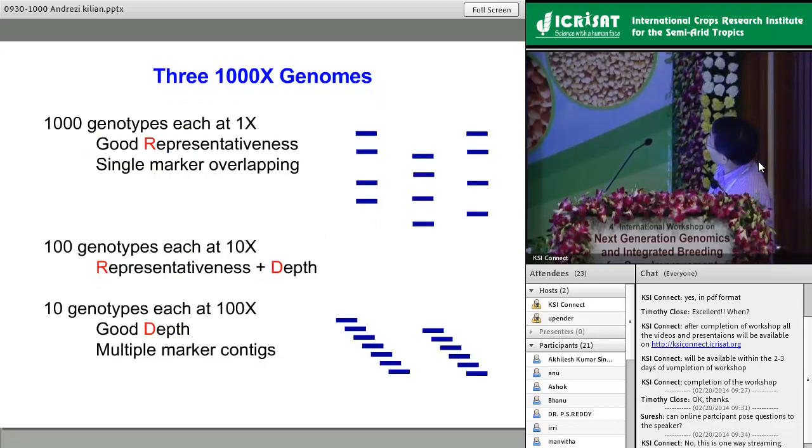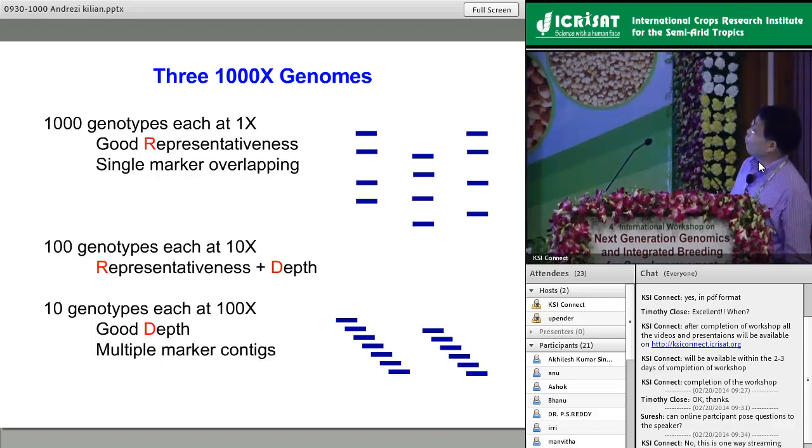So I have a sort of 3 100x genome idea to represent the genetic diversity better. So the first one is the 1,000 genomes, 1,000 genotypes, each at one time. That's the resequencing. So you get a much better representativeness.